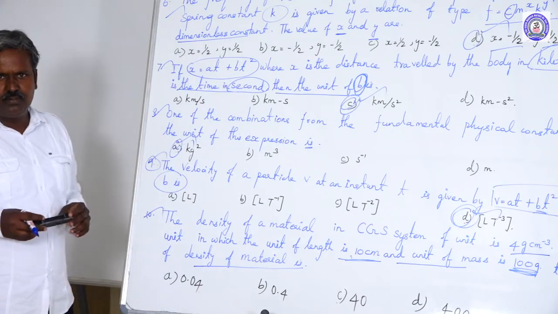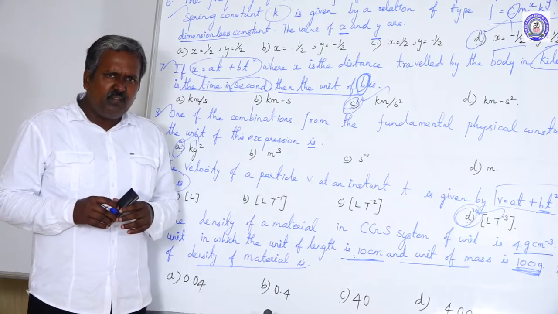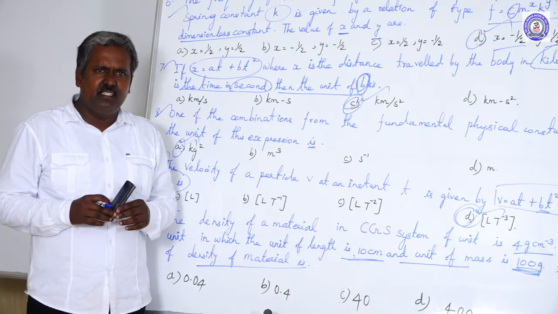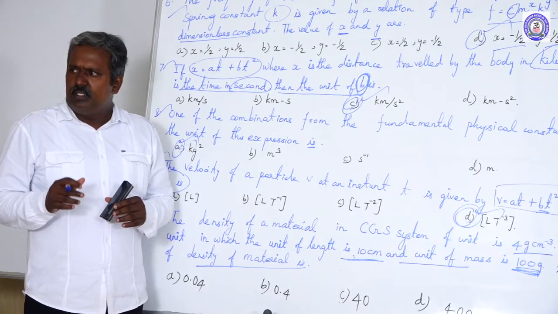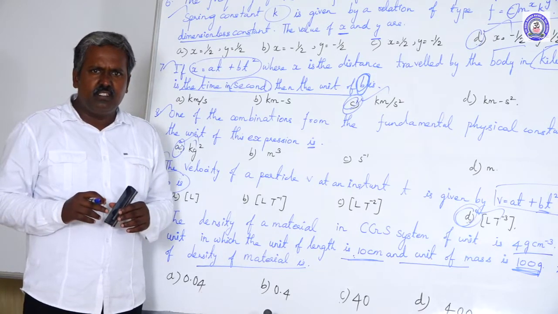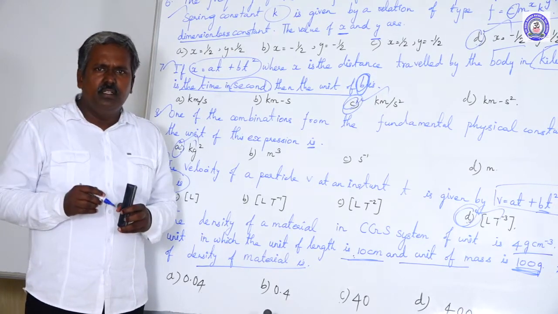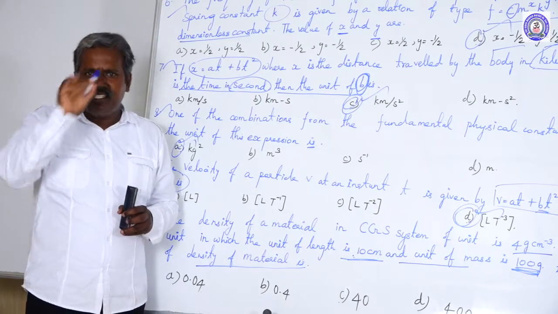And the general formula is N1 of M1 L1 T1 its powers a, b, c respectively is equal to N2 of M2 L2 T2 its powers a, b, c respectively.